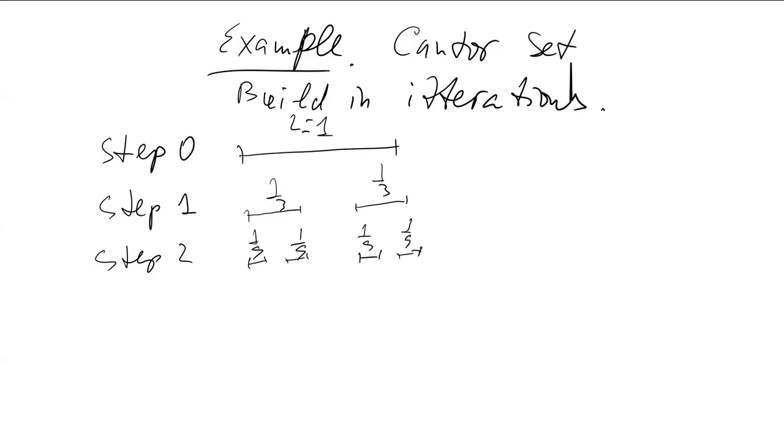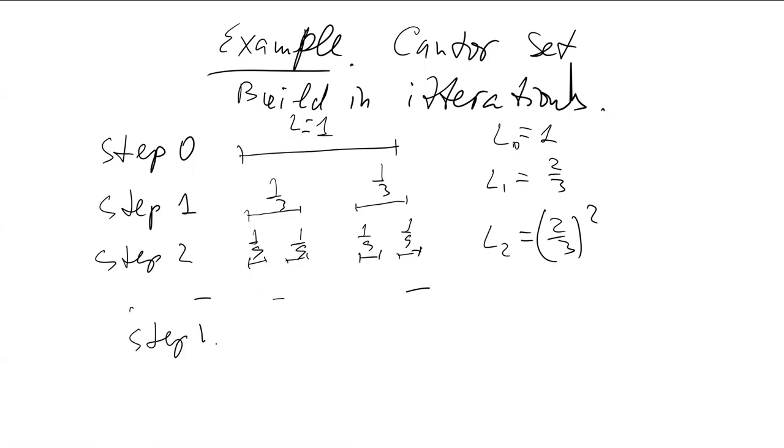So if we consider length, at step 0, length is 1. At step 1, length is 2/3. At step 2, so let's put L0, L1, L2, it is 2/3 squared. And at step n, Ln is 2/3 to the power of n.